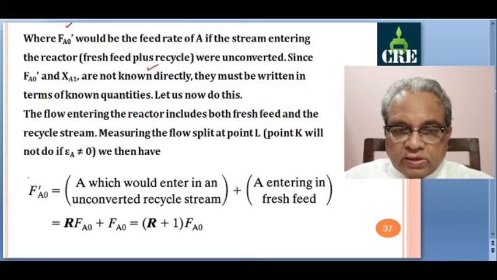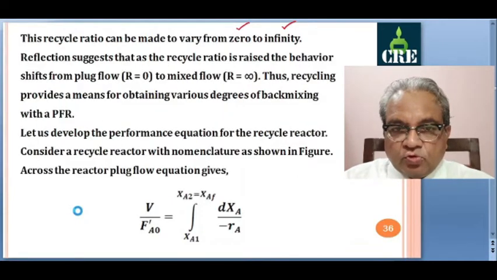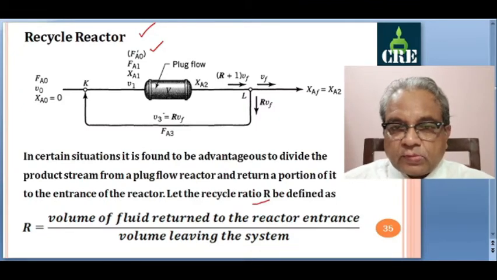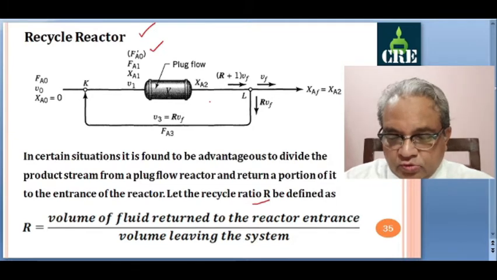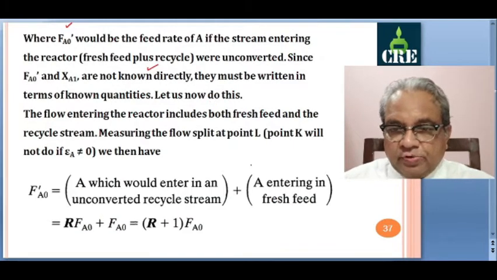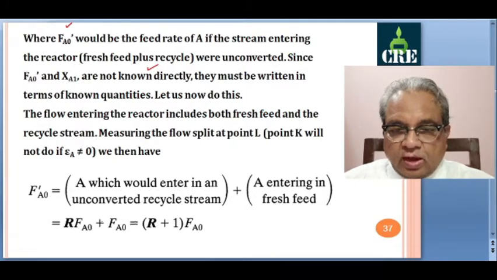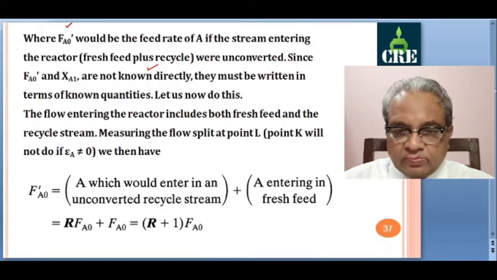This can be written as FA0 prime is the A which would enter in an unconverted recycled stream and the A entering in the fresh stream. So what is entering here? R into FA0 in the recycled stream. This FA3 is R into FA0. You can relate it to FA0. And the fresh entering feed is FA0. So this is R plus 1 into FA0.